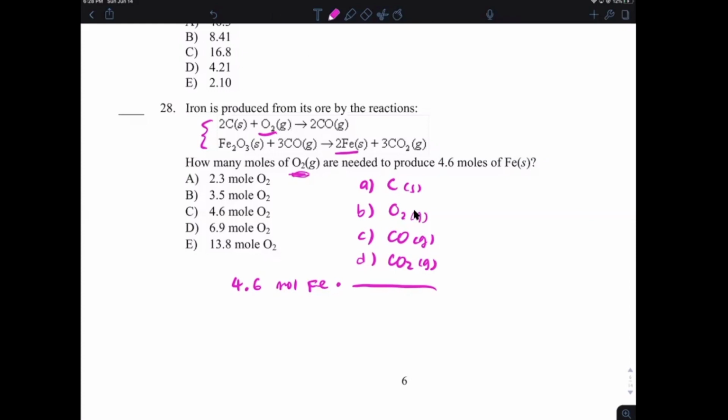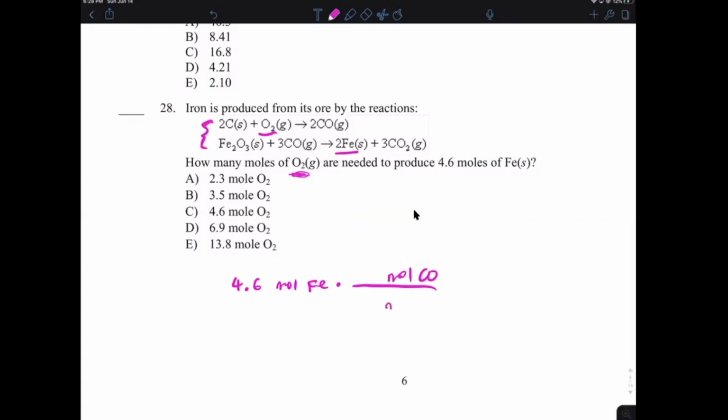So yeah, what is there in common between these two equations? C. So there's CO in both of them, so that's going to be our conversion factor, okay?